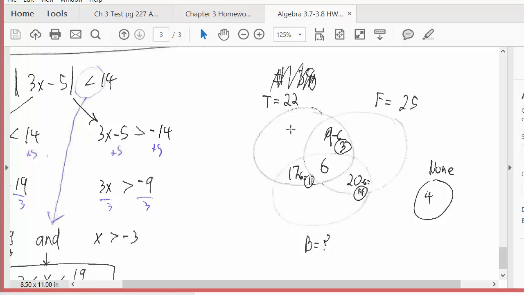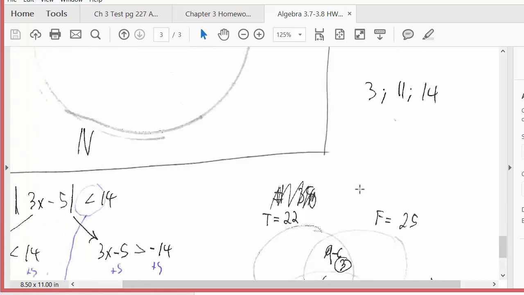So the ones that only like tennis and baseball, but not football, 17 minus 6 is 11. Similarly, the people who like football and baseball, but not tennis, take away that 6. Originally, it was a 20 that like football and baseball, and then some of those liked tennis too. Take away that 6, you get 14. So the answers to those questions are 3, 11, and 14.